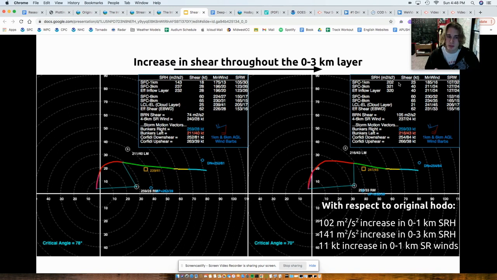We've gone from a relatively marginal environment to potentially a significant tornado favorable environment. Just generally speaking, that's a large value of surface to 1 kilometer SRH. A useful factor here is that this near surface environmental vorticity is going to be predominantly streamwise.